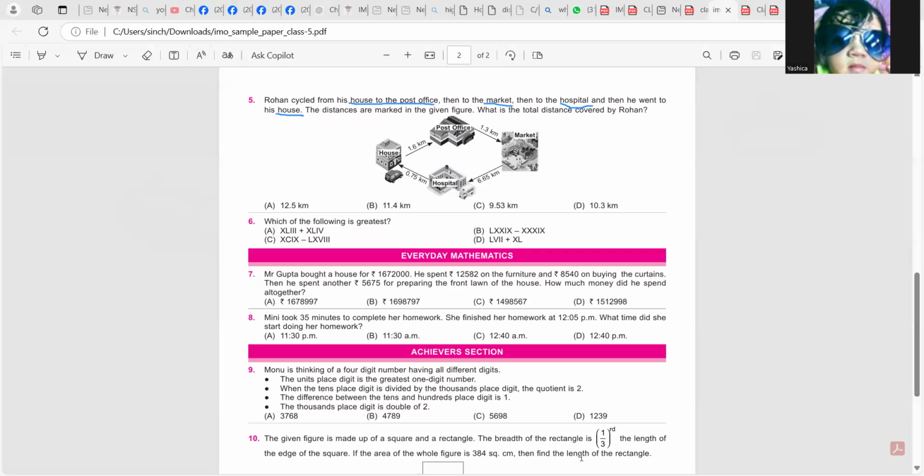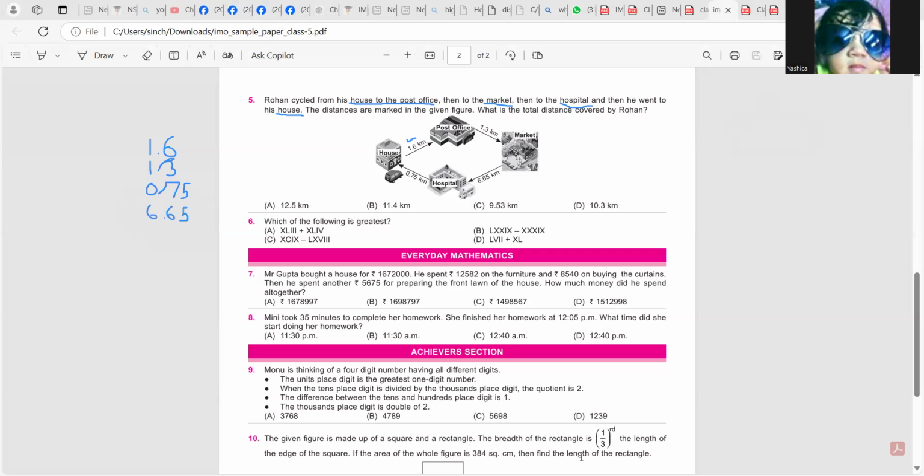So we need to add 1.6, 1.3, 0.75, and 6.65.